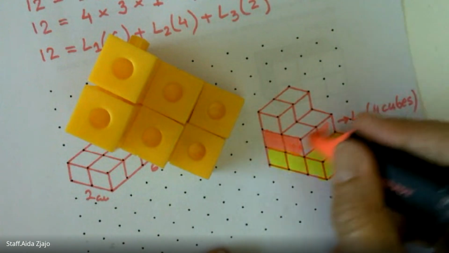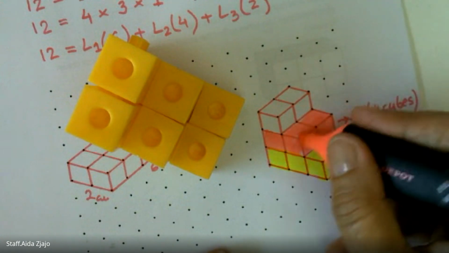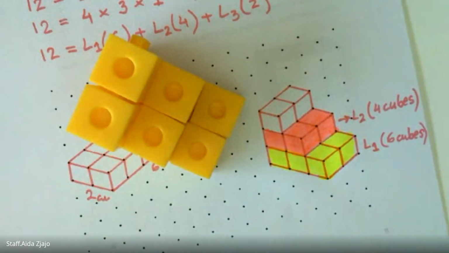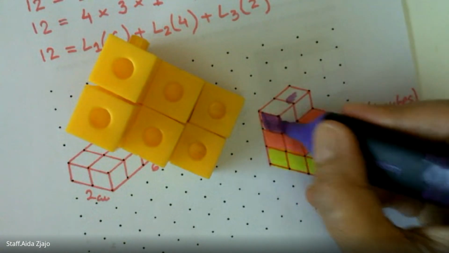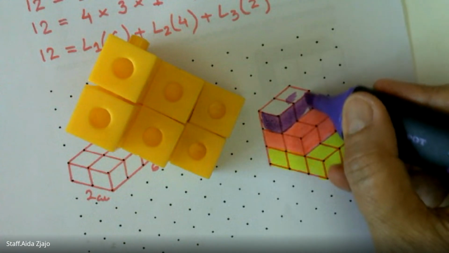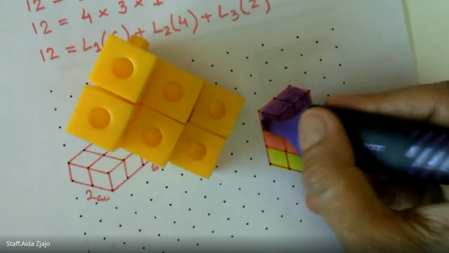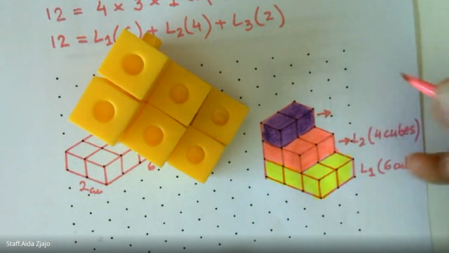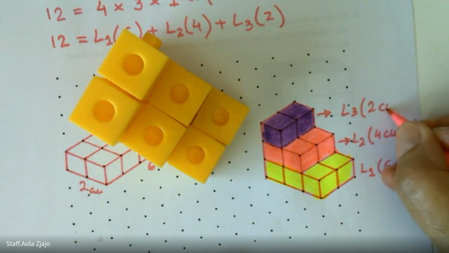So 2 by 2, that is 4 cubes. And layer 3 are these 2 cubes. So 1 by 2. 1 by 2 is 2 cubes. So how I can see this is layer 3, and that is 2 cubes.